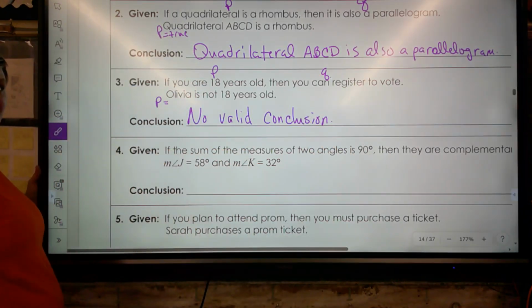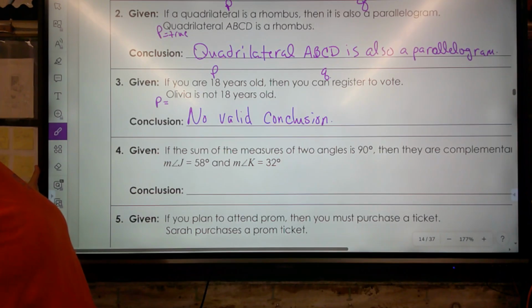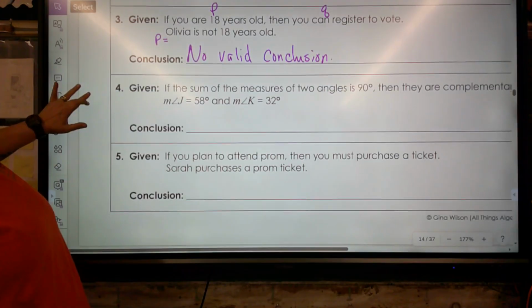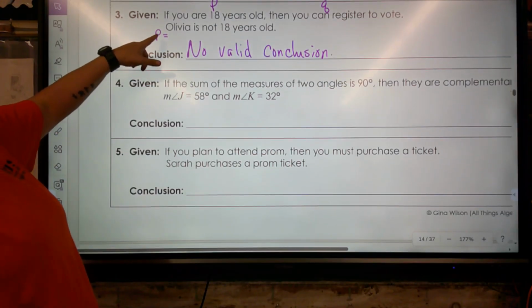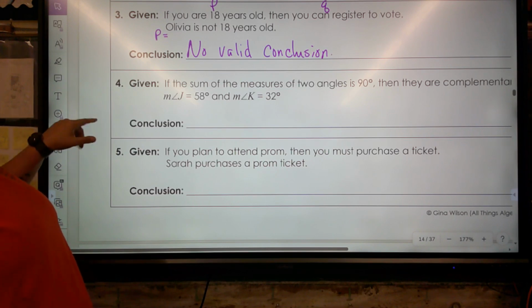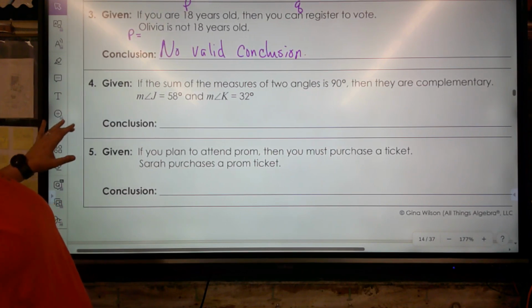We can't draw one because she might be old enough to vote, she might not be old enough to vote. They haven't given us enough evidence. We don't know if P is true or false because we don't know if she's old enough to vote. It didn't tell us. All right, you pause it and do number 4 and see what you come up with.